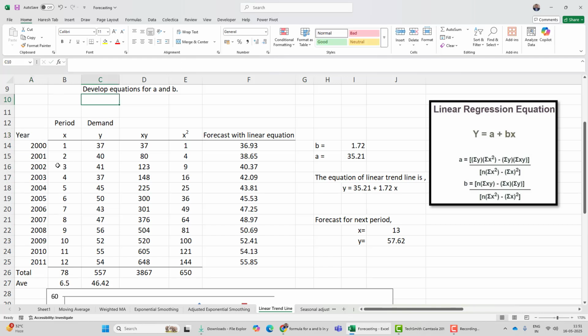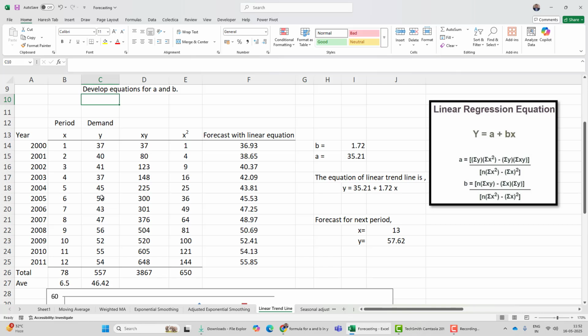You can simply create one variable x called period and use 1, 2, 3, 4 for that. You need not use the year values, because the calculations would then involve very large numbers. So we will use these periods, and suppose the demand given to us for each period is this.